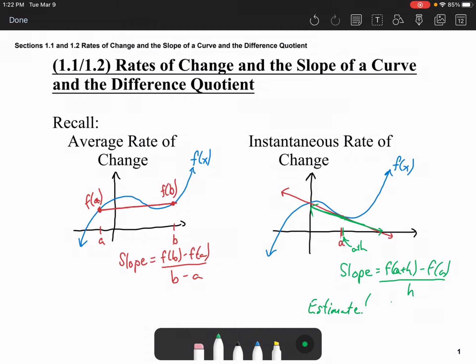And this only works for h values that are close to 0. If we choose the value 0 as our value of h, then we get 0 divided by 0, which we have not been able to calculate yet or figure out.